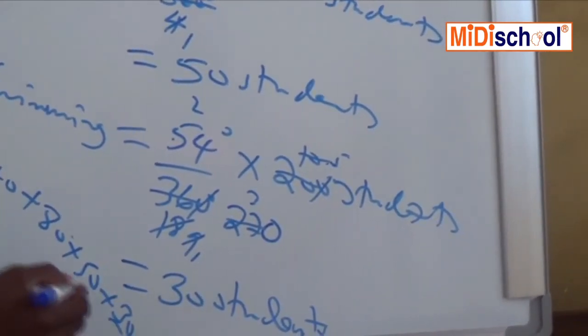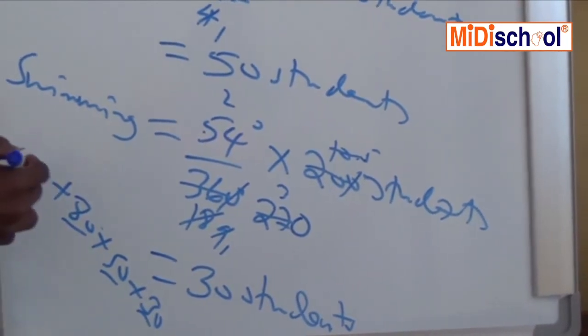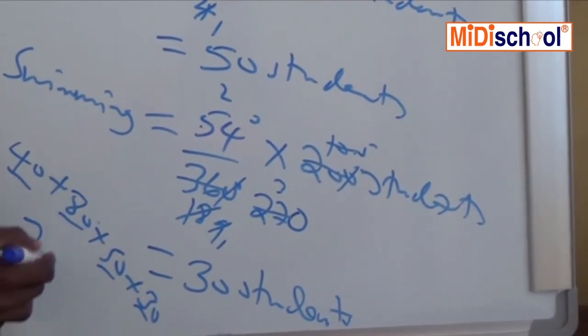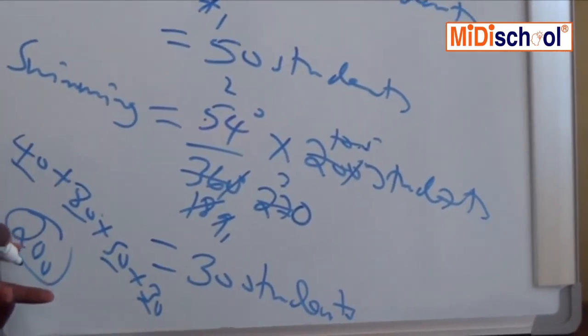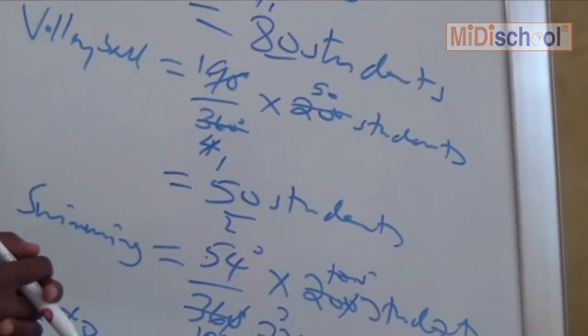Now this plus this is 80, plus 80 is 160, and plus 40 is 200. So we have the 200 students, and so these answers are all correct, and that's how to prove them, and that's all about it.